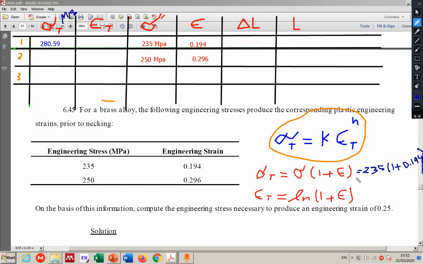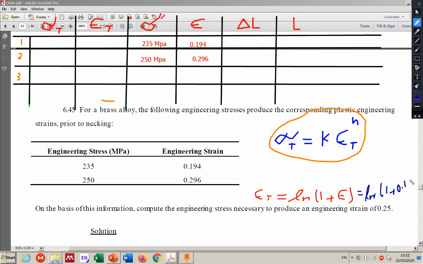Now I can calculate the true strain by using ln of 1 plus 0.194. Sorry, the 1 is supposed to be 1.194.